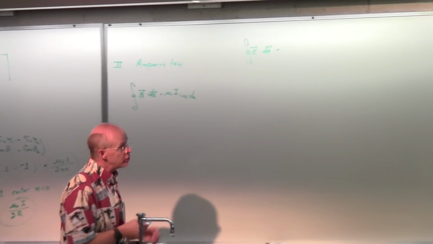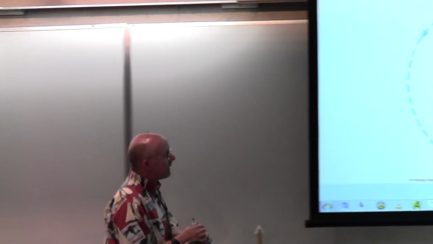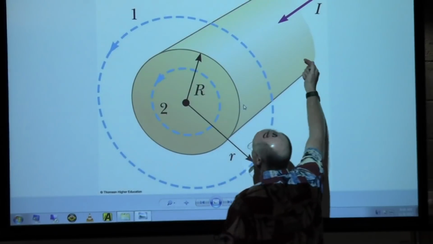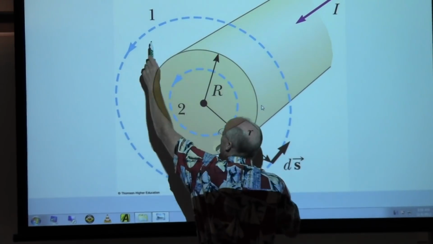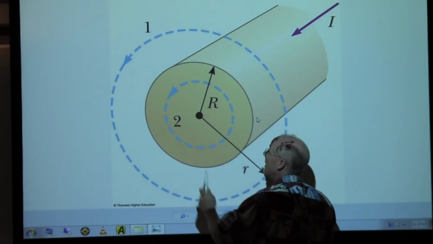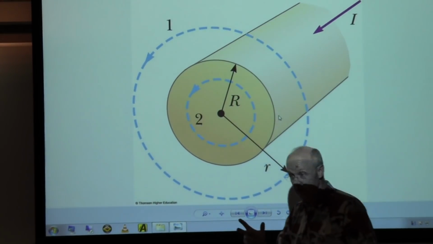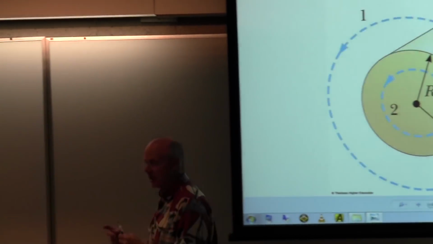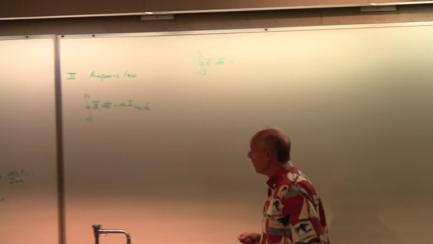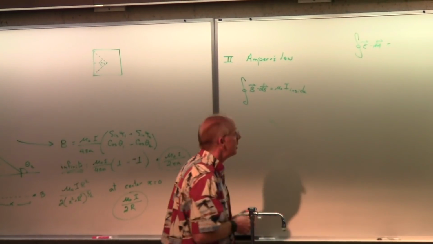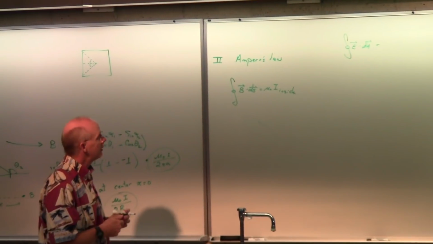Okay? And so you can see in this drawing that as we have a current coming this way, if we draw loop number 1, that is our Amperean loop. It is not a surface. It is a loop around the wire. It's a circular loop around the wire.